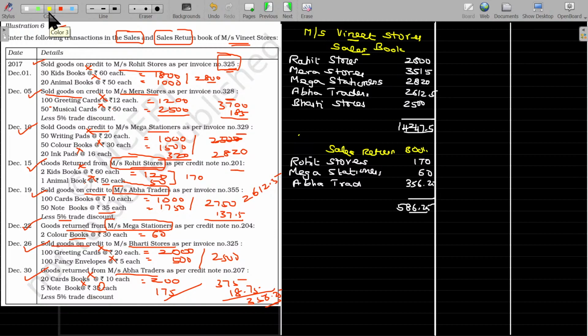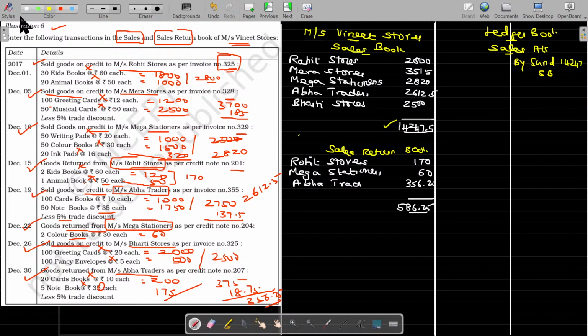Now, I have to open the ledgers here. So, sales account, ledger book, there, sales account. The total should go to the credit side. So, by sundries from sales book, value being 14,247.5.